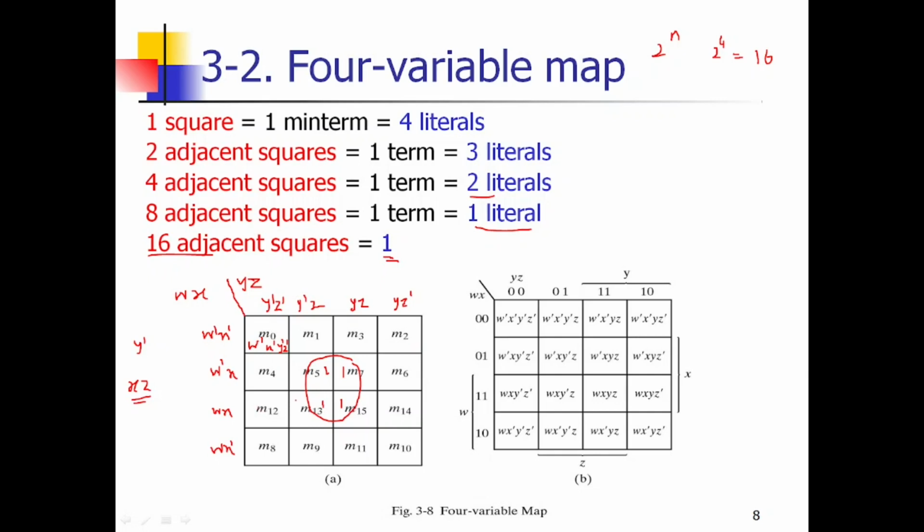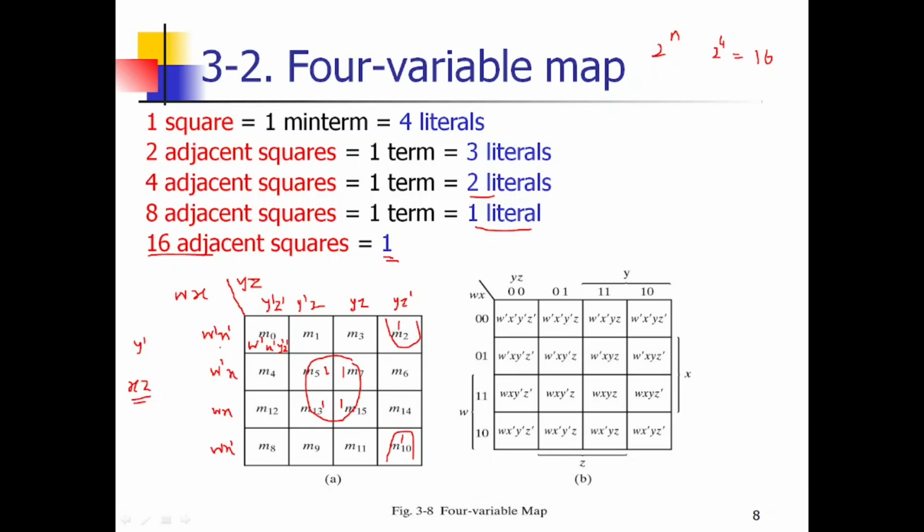All these are pairs. For example, if minterm cell m2 is plotted with 1 and m10 is plotted with 1, then here is a pair possibility. What will be the term we obtain for this pair?